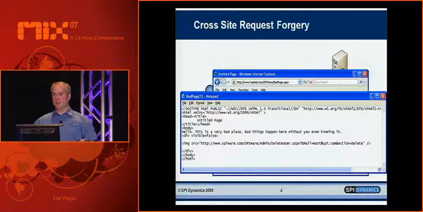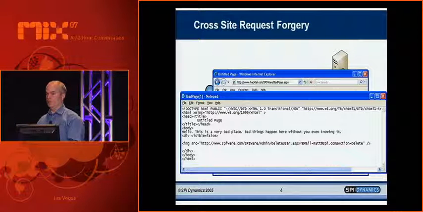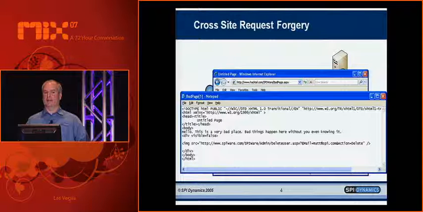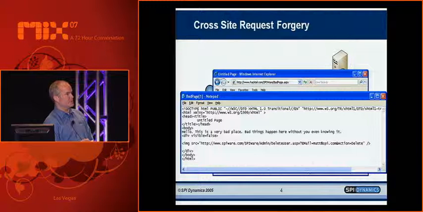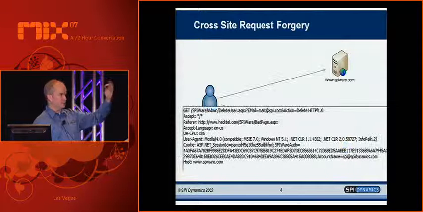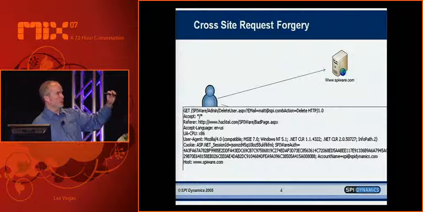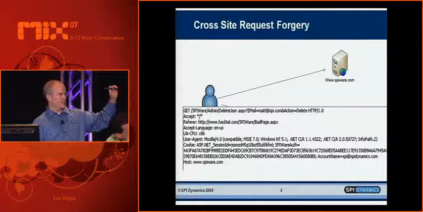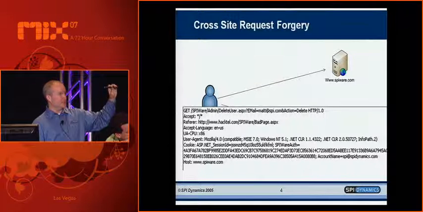What the browser does is, it's perfectly legal for one website to have an image link that links off to another site. That's a perfectly valid thing to have happen. What happens, though, is my browser sends the request off to the good guy website, but when it does it, the image request gets transferred into just a straight HTTP request, and the browser does exactly what browsers are supposed to do.